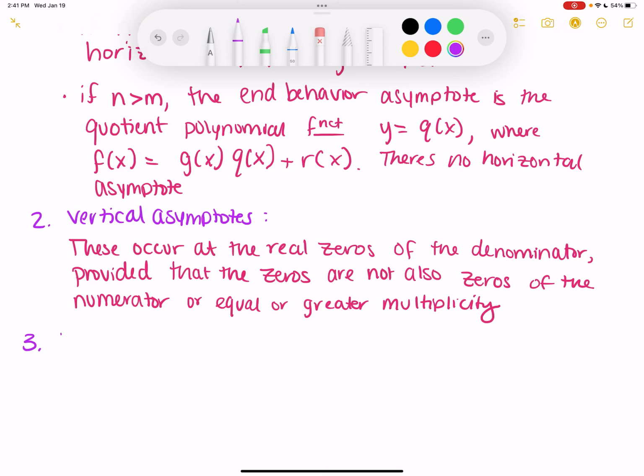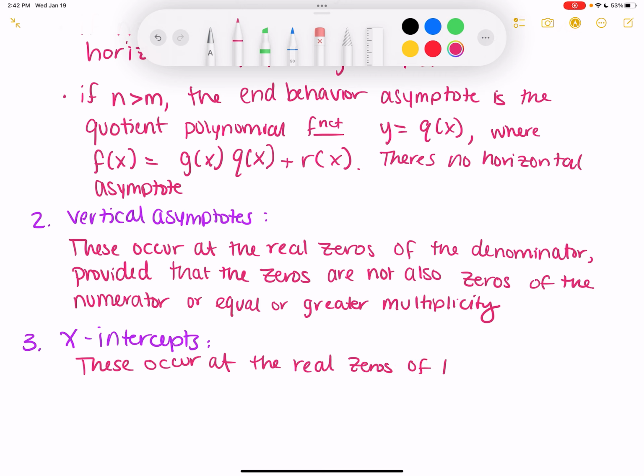Three, x-intercepts. These occur at the real zeros of the numerator, so set the numerator equal to 0 and solve.